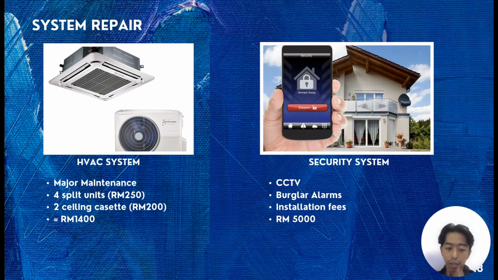Each split unit will cost about 250 for the major maintenance, and each ceiling cassette will cost around 150 to 200, and the total cost for the HVAC system will be around 1,400 until 1,500.